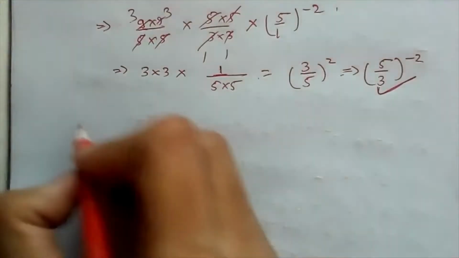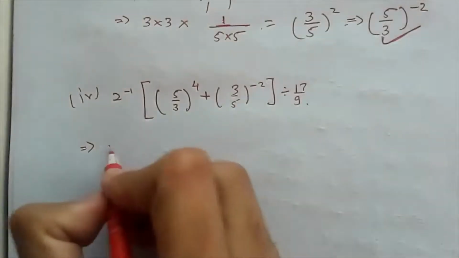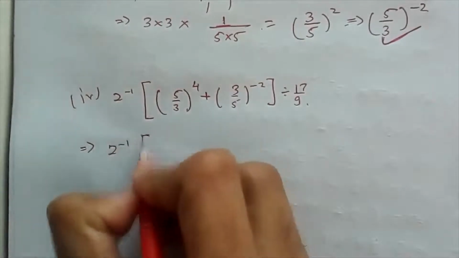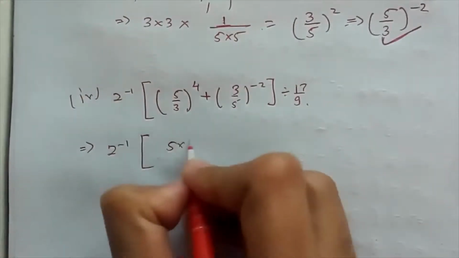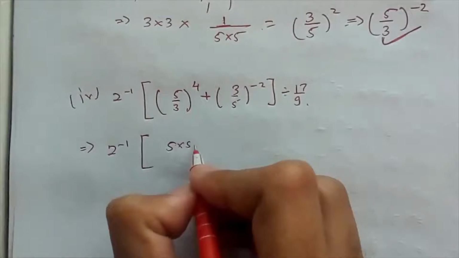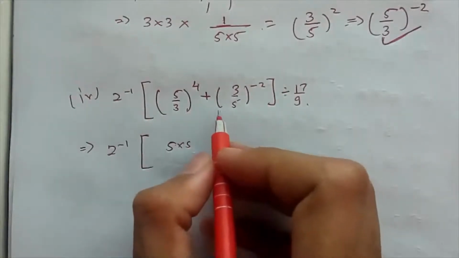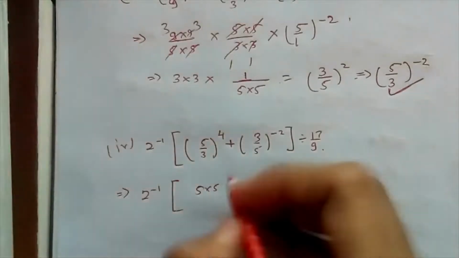Let's go to the next part. So let's quickly solve this. It's 5 to the power 4. Let's solve it.